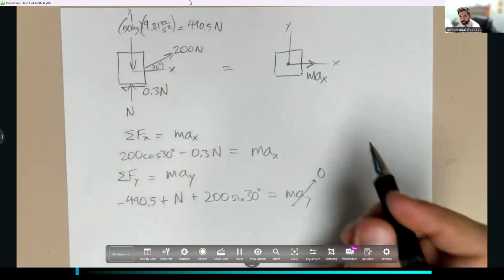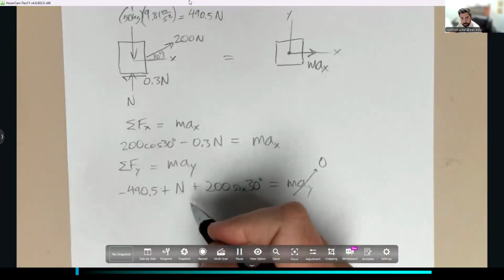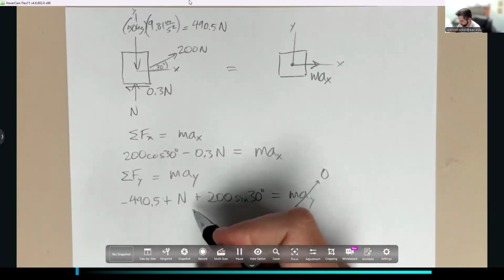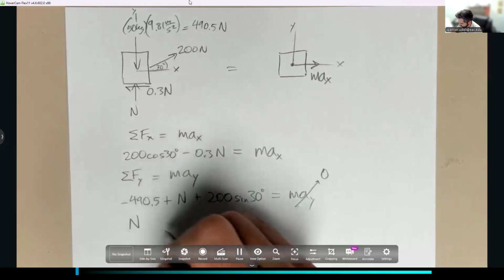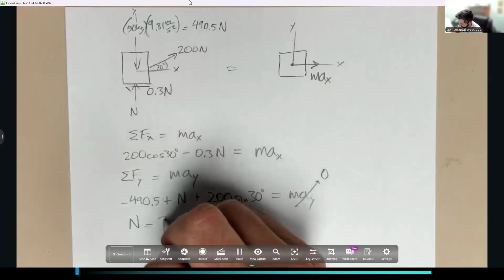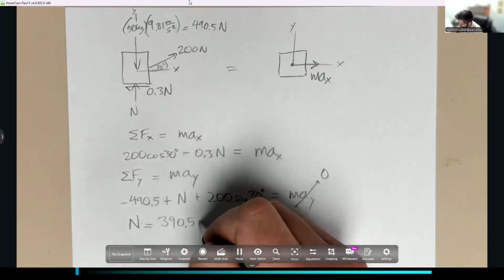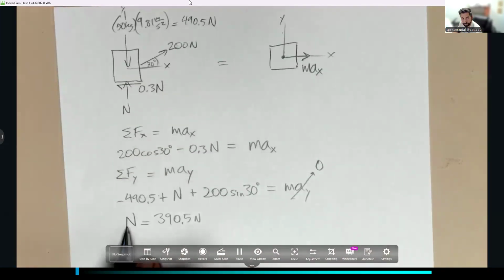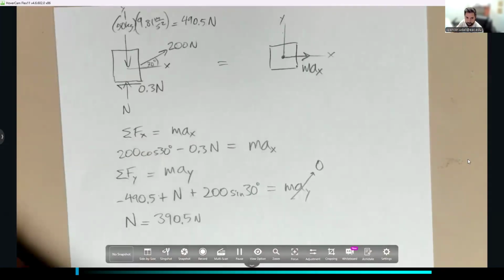So this is just the sum of the forces in the y equals 0. Nothing we haven't done a million times in statics. So our normal force we could solve for there, and that would come out to be 390.5 newtons. A little bit funny with normal force and newtons there, but what do you do?